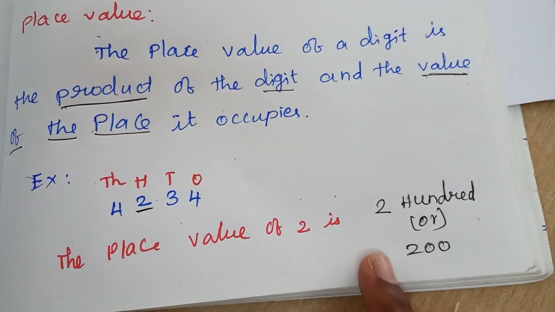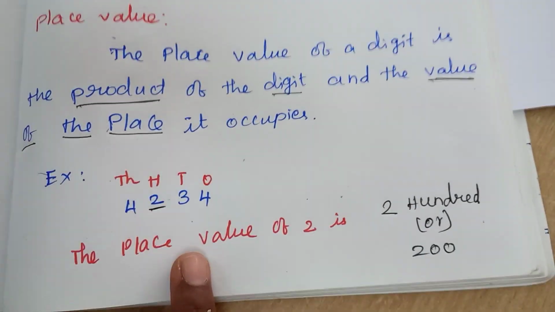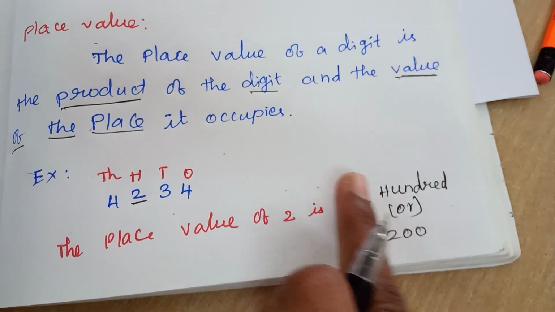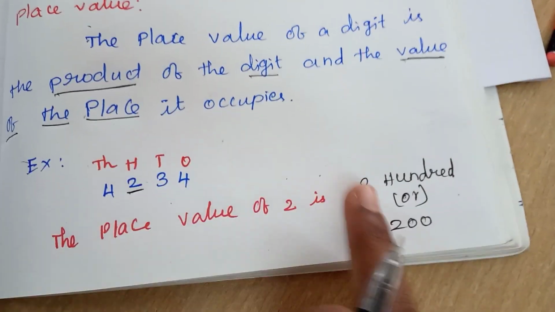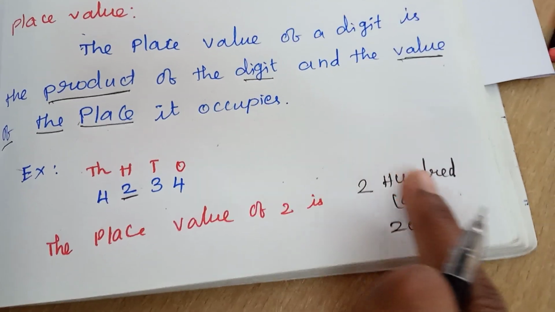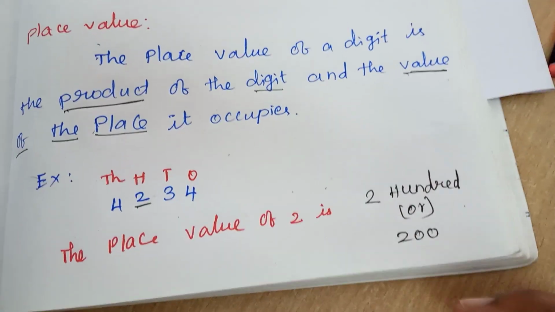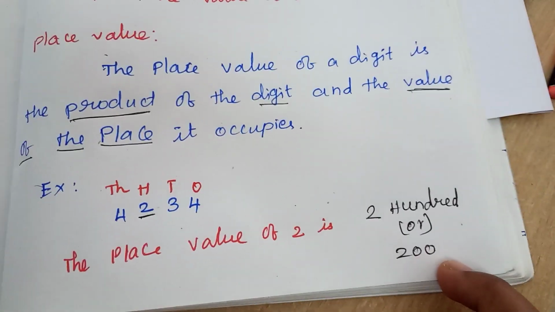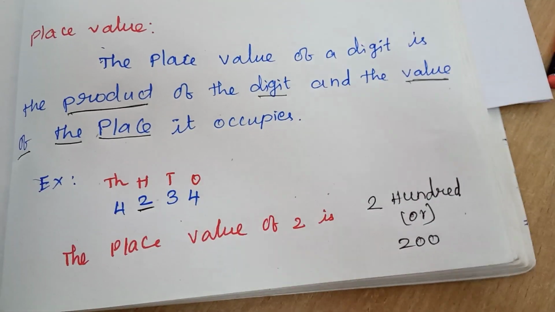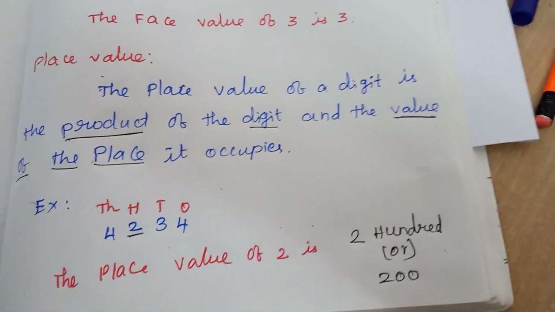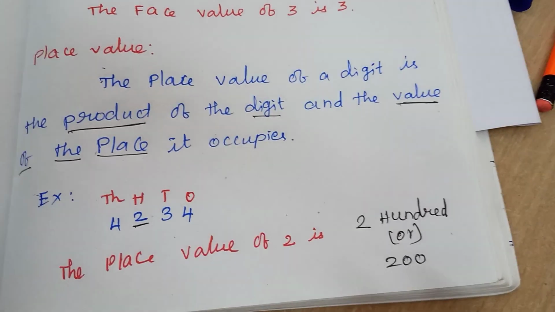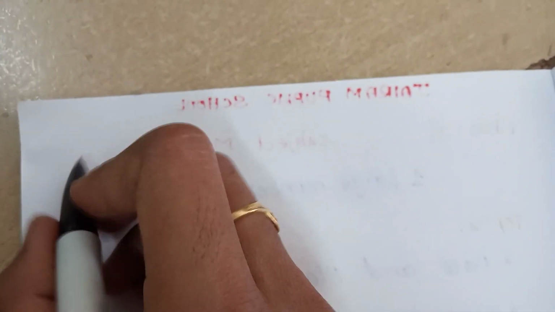Which is easy for you, you can follow that. So the place value can be written in two forms: as a product of the digit and the value of the place, or directly as 200. Do you have any doubts in place value? Okay, next we move to expanded form. You know expanded form very well, so we just have to recall that concept.